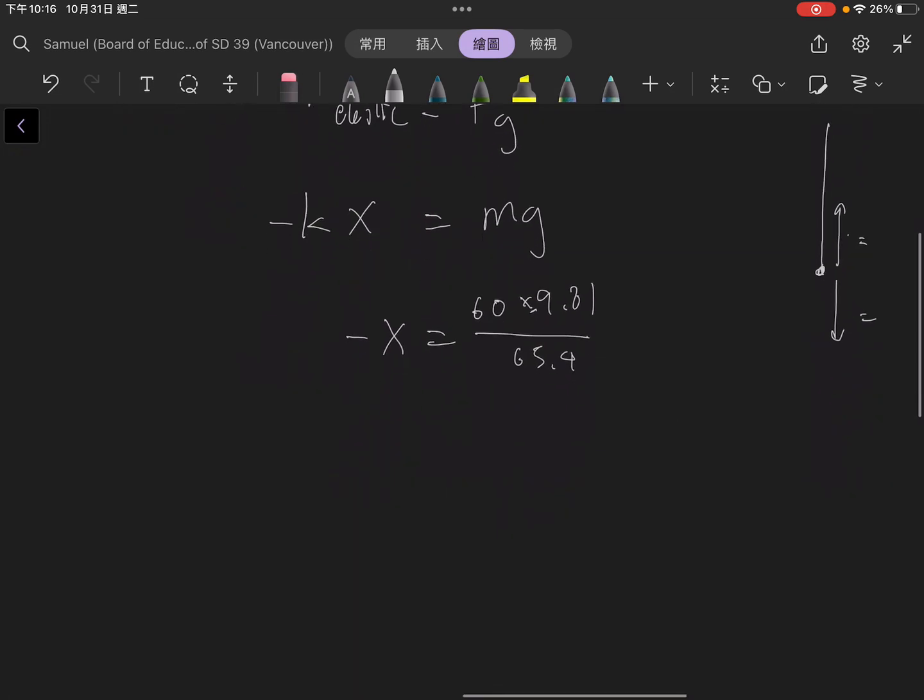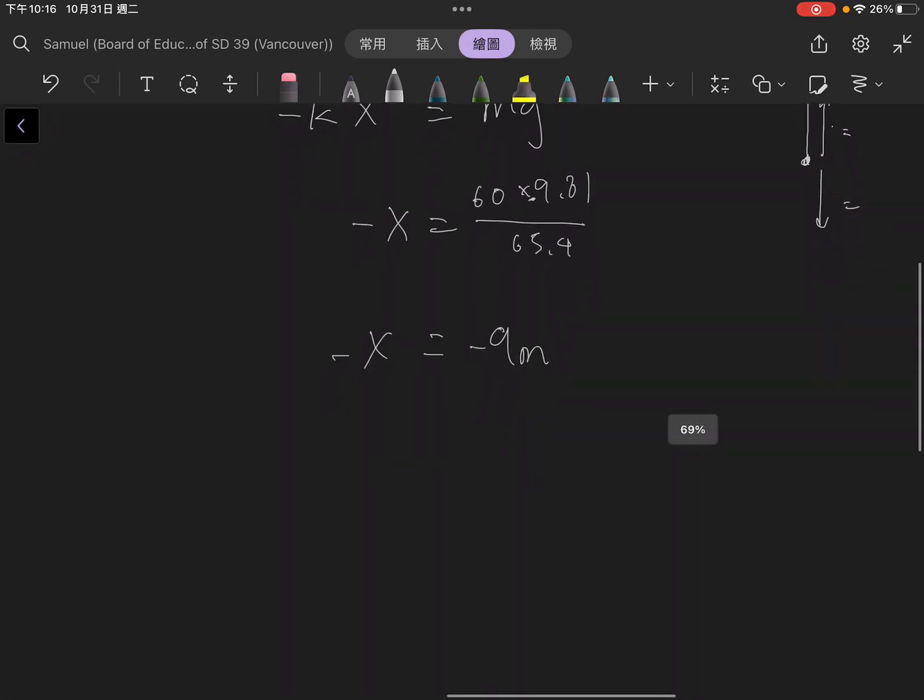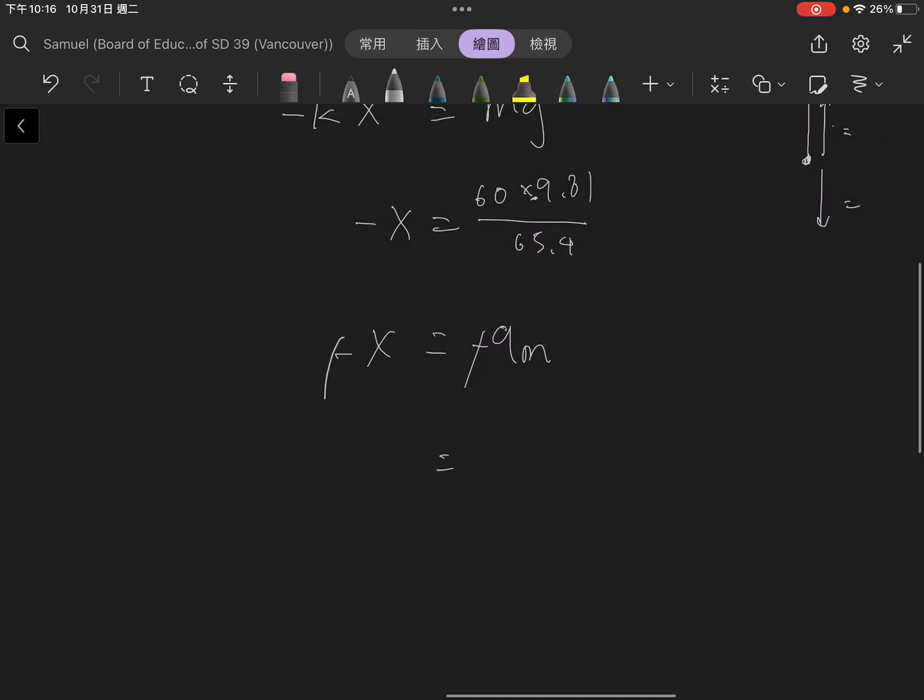So the negative x will be, what? Oh yeah, will be negative 9 meters because there's a negative sign in 9.81. Yeah, cancel out the negative. So we know that the equilibrium point of the mass will be 9 meters down.